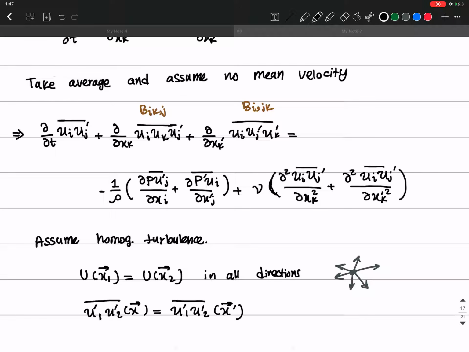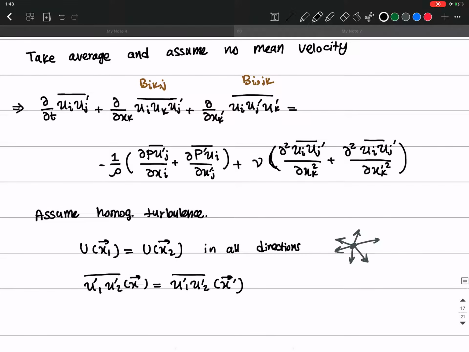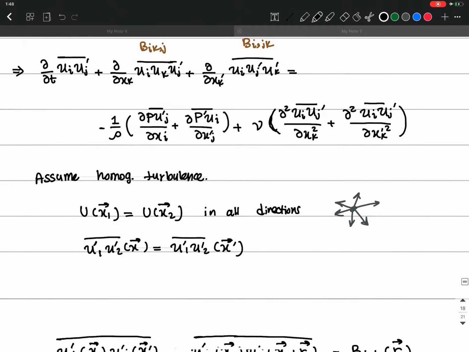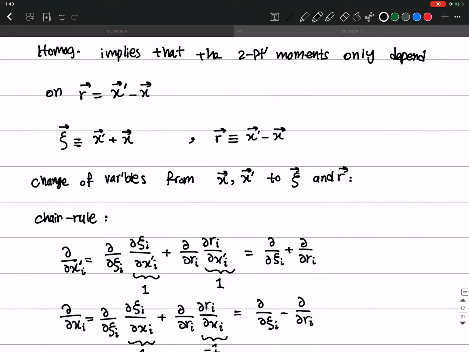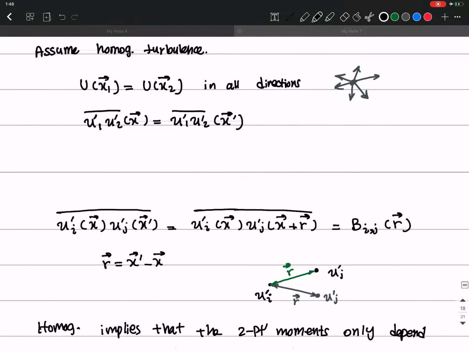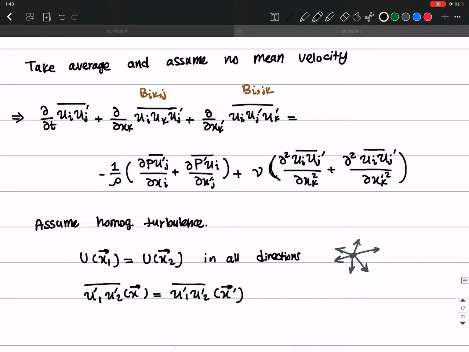And then we have the derivative with respect to xk for the first term, and we know it's going to be partial over partial ri. And then the second term, with respect to x prime k, is going to be minus partial over partial ri. Okay, so let me see if I've done it right.